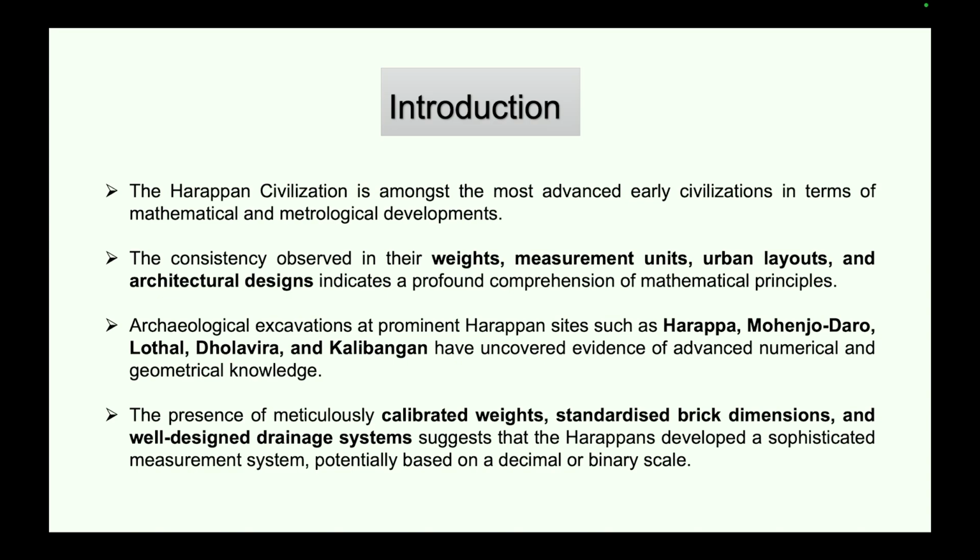Archaeological excavations at prominent Harappan sites such as Harappa, Mohenjo-daro, Lothal, Dholavira, and Kalibangan have uncovered evidence of advanced numerical and geometrical knowledge. The presence of meticulously calibrated weights, standardized brick dimensions, and well-designed drainage systems suggests that the Harappans developed a sophisticated measurement system, potentially based on a decimal or binary scale.